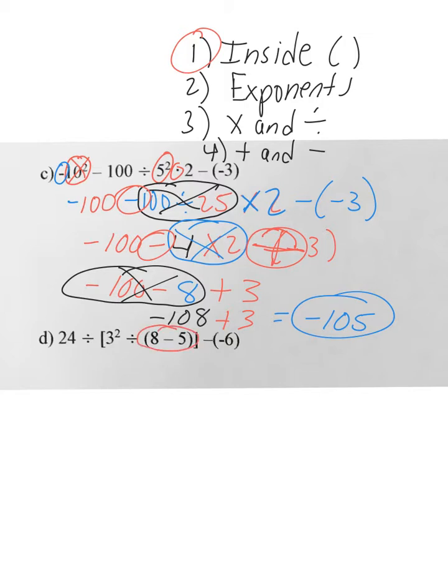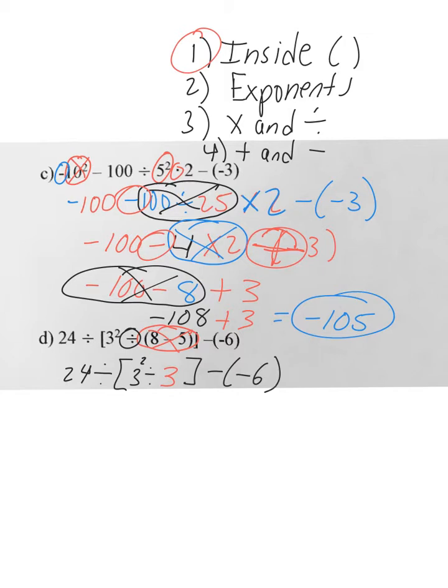So I'm going to do the 8 minus 5 for 3 first and just bring down the rest. So I haven't touched the 24 divided by bracket 3 squared. Bring down the division symbol right there. The other bracket, everything else. So do the inner parentheses first.